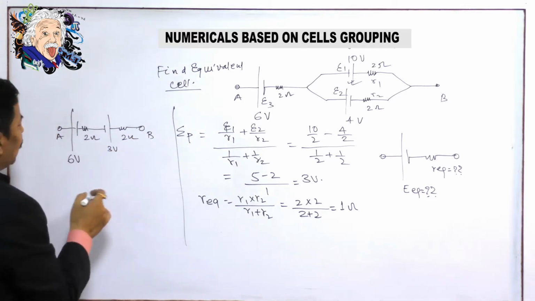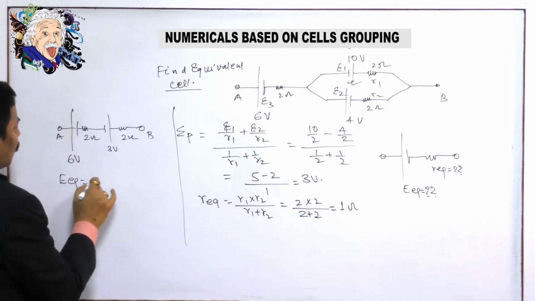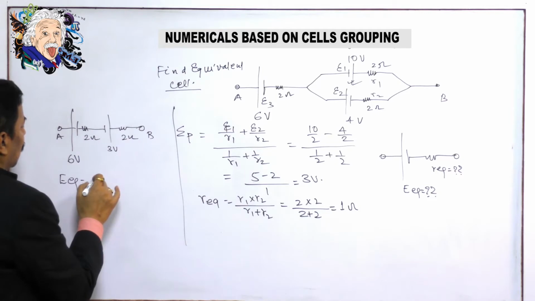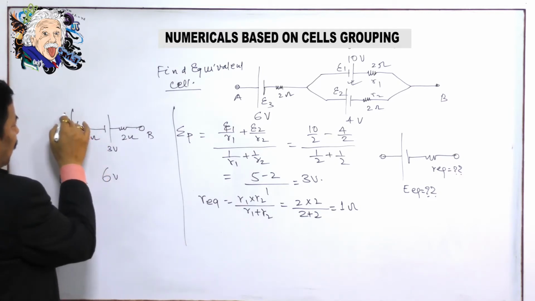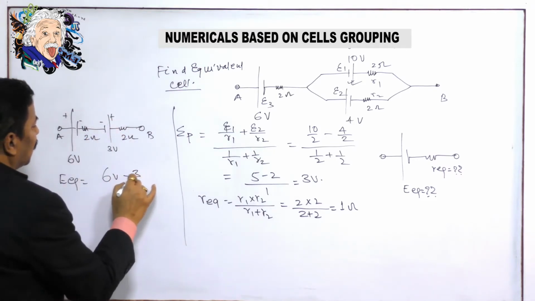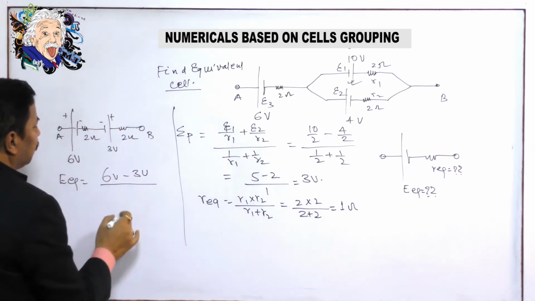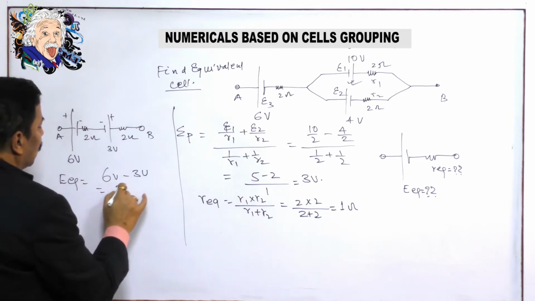Now these are in series, so E equivalent is equal to 6 volt, E1 minus E2, as the polarity is reversed, plus minus minus plus, so 6 volt minus 3 volt, that is your 3 volt.